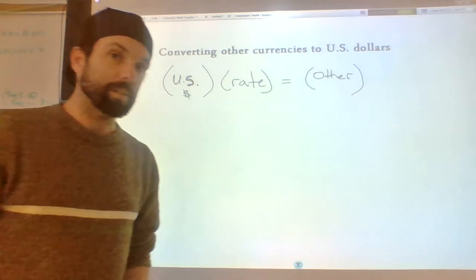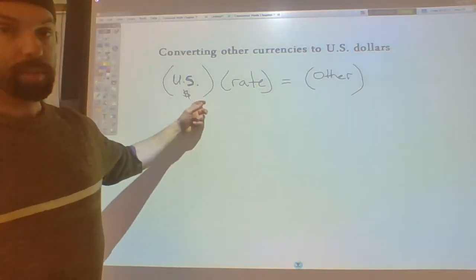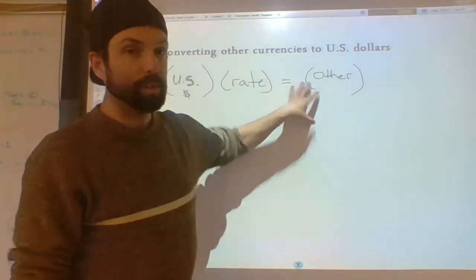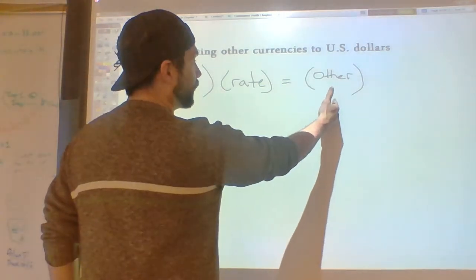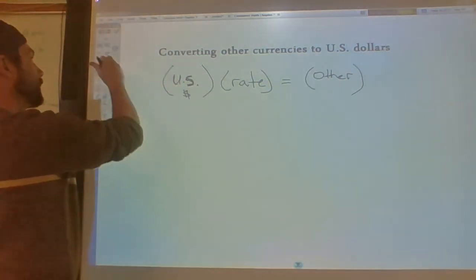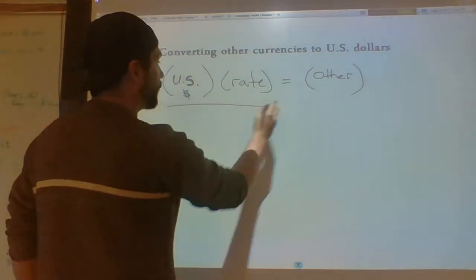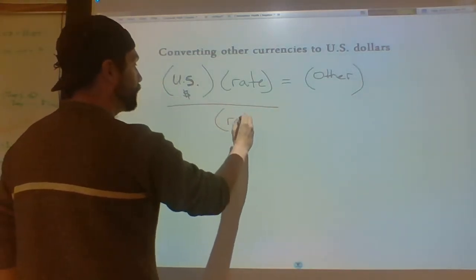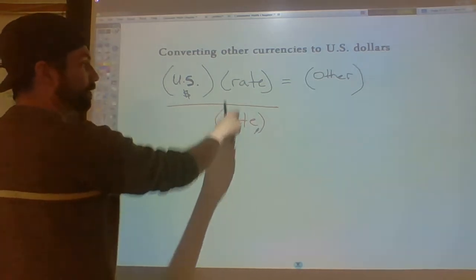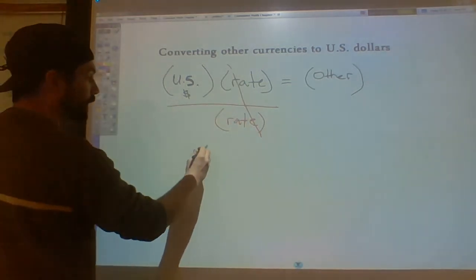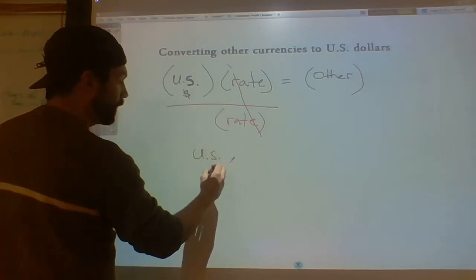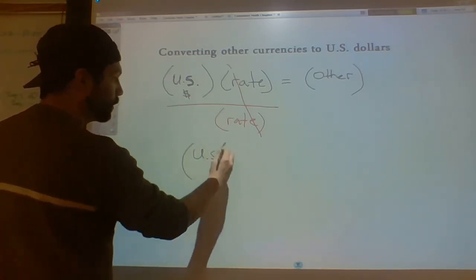I got all these pounds in my pocket. How can I turn it into dollars? Well, we can rearrange this equation using algebra. I don't want to solve for the other currency. I want to solve for our American dollars. So if we think about it like algebra, if I divide the rate on this side, then our American dollars will be by itself.